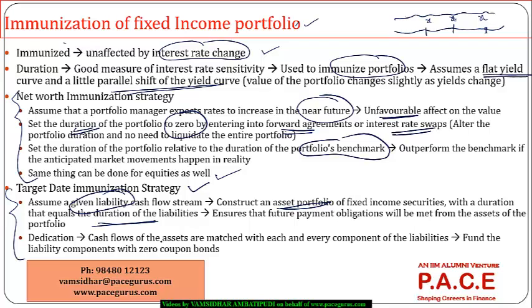So there is a kind of a dedication. The assets are mapped to the liabilities. Cash flows of the assets are matched with each and every component of the liabilities. But the biggest problem is that finding assets with such kind of cash flows for such kind of time periods is a very difficult task in the real world.